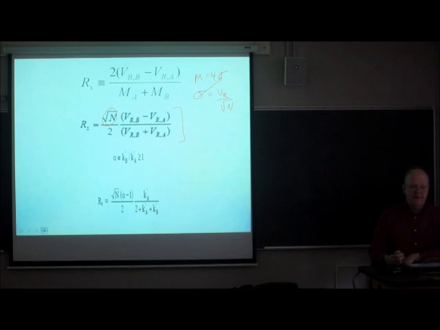Now I'm going to do something a little sneaky and introduce a new concept. I'm going to introduce the concept of selectivity. And we define selectivity by always putting the more retained peak over the less retained peak.